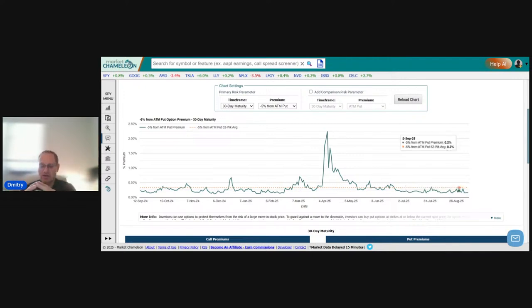So this is a quick way to chart the cost of an out-of-the-money put, get an idea of where we're sitting currently relative to its historical range, and how much the value of that put moved around its average, just to get a sense of the volatility. And because of the way we did it, we could compare it to other products using these same standardized metrics.